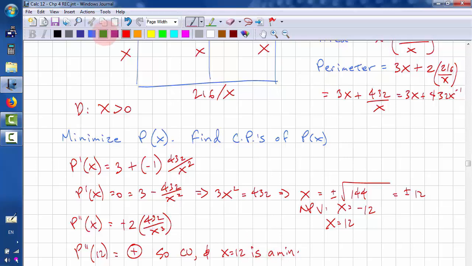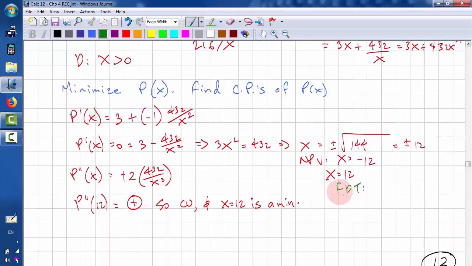Okay, if you wanted to do the first derivative test, you could do that as well. We need to do P prime of 11, and that's 3 minus 432 over 121.